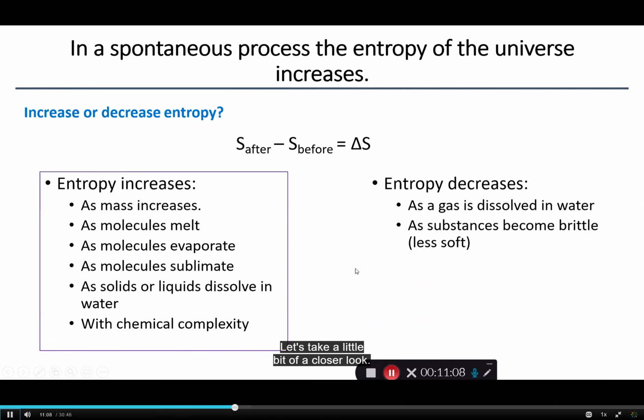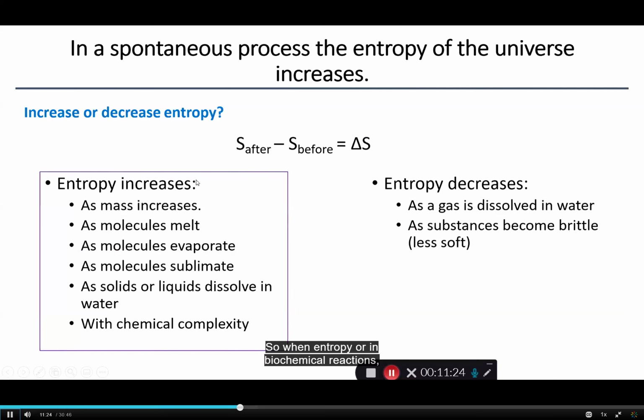Let's take a little bit of a closer look at entropy. So again, does our biochemical reaction increase or decrease entropy? And the goal, for a spontaneous reaction, is that entropy would increase, so disorder increases.